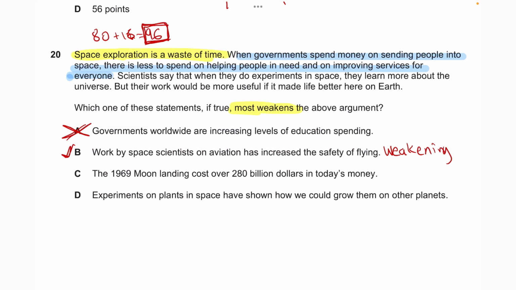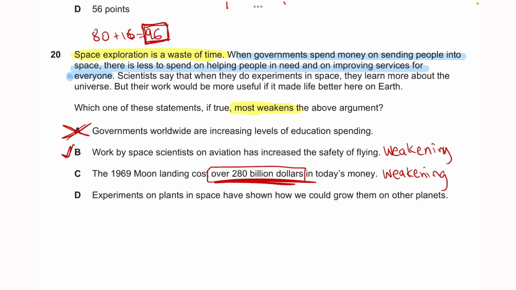So C says the 1969 moon landing cost over $280 billion in today's money. In fact, this can be a weakening argument because it's showing us how much money the 1969 moon landing cost, which is quite a very big amount in today's money.